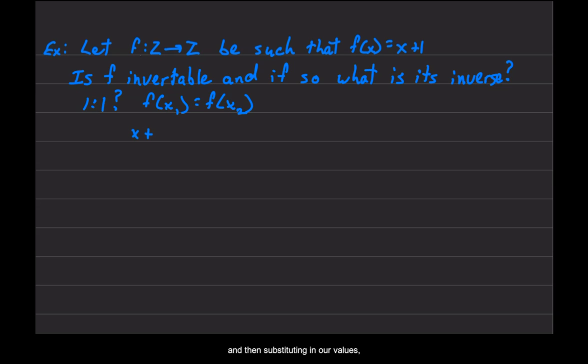So we've got x1 plus 1 is equal to x2 plus 1. Now we subtract 1 from both sides, and we get x1 is equal to x2. And that is the definition of one-to-one. The question of whether this thing is onto is pretty obvious. That is onto, yes.